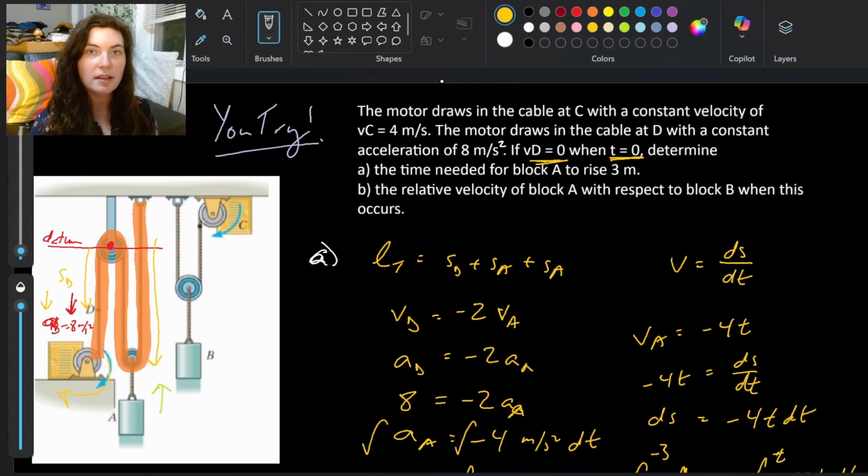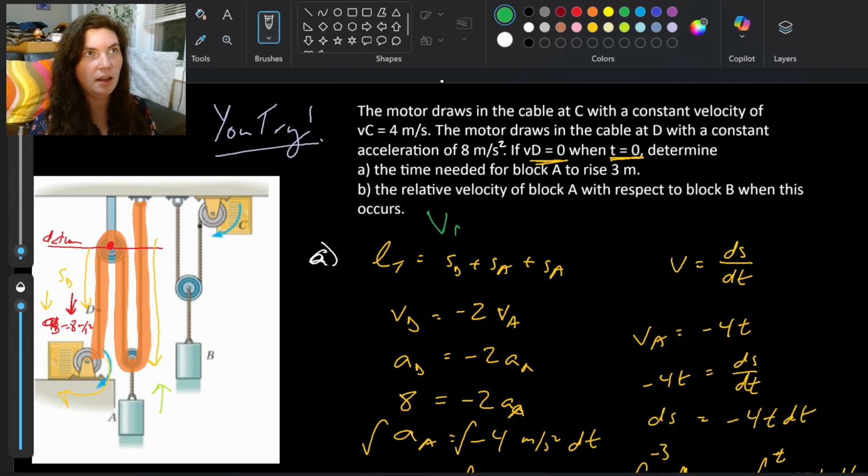So that was our part A. And then our part B, our more recent stuff. That was really all like 12.9, the absolute motion of two particles that are attached to each other. Now part B is asking for the relative velocity of block A with respect to block B when this occurs.